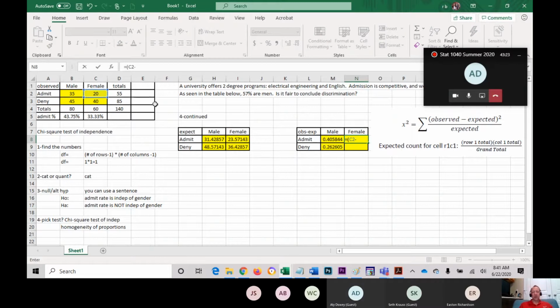I'm going to subtract the 23.5 who were expected, square it, and divide by the 23.5, the expected. And finally, I'm going to take the observed 40 minus the expected 36.5, square the difference, and divide by the 36.5.